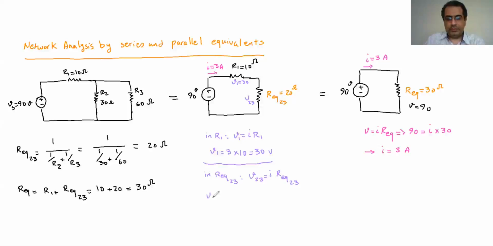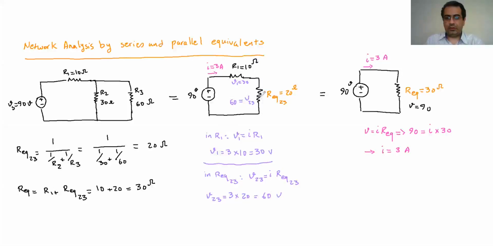So the voltage in 2, 3 is I, which is the 3 amp, times the equivalent resistance here, which is the 20, which is going to come out as 60 volts. So this one is going to be 60 volts. Now I have the I in both these elements and the voltage in both these elements.